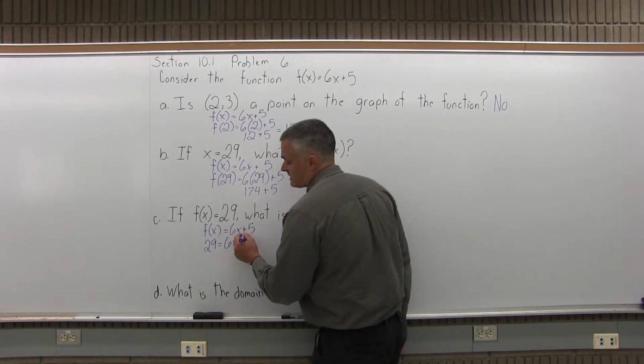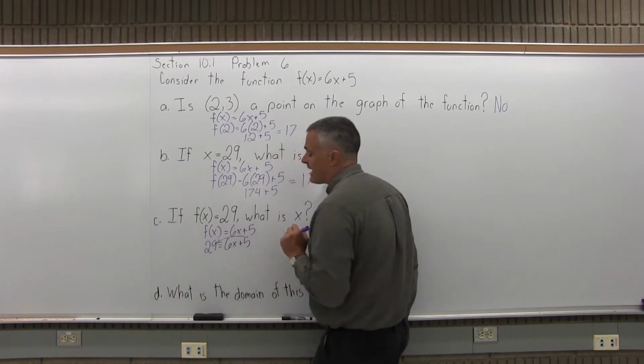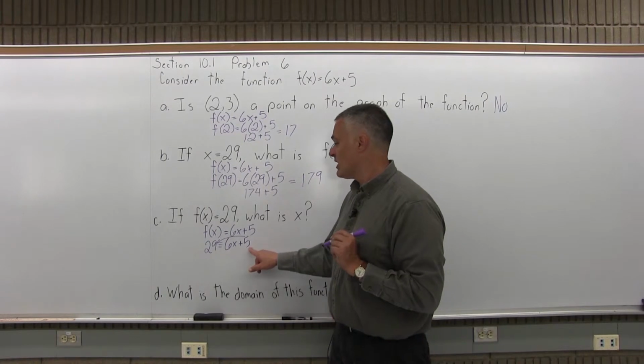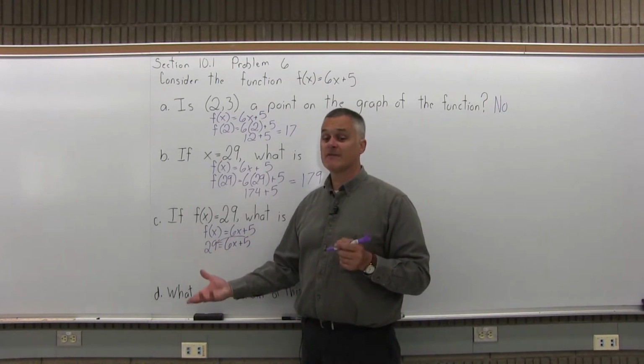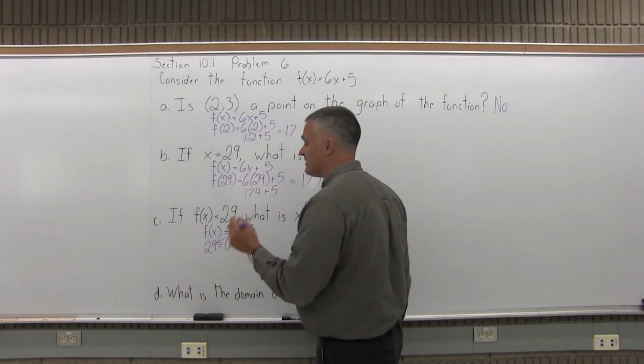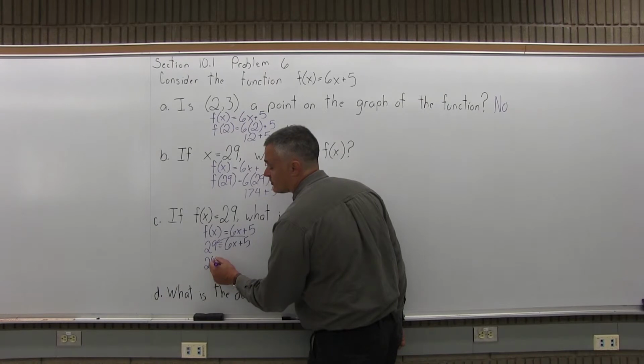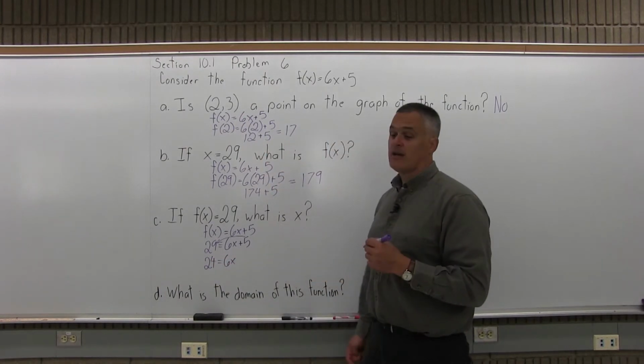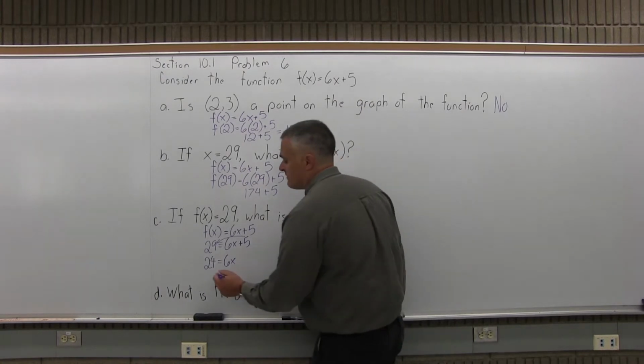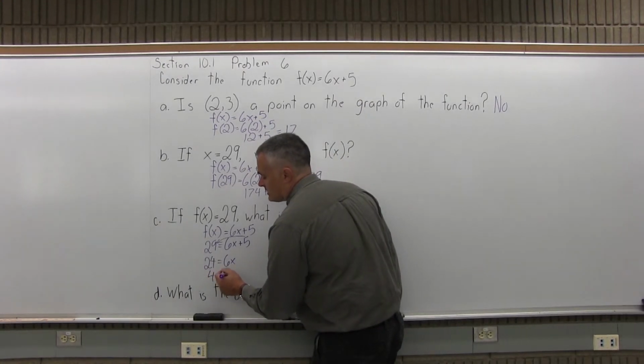What I'm going to do is bring the 5 that I have at the end of the right side of the equation over to the left side. It'll become a negative 5. Combine it with the positive 29 that's already on the left side of the equation. Positive 29 and negative 5 is going to give me a positive 24, and I'll have 24 equals 6x. Divide both sides by 6, and you'll get 4 equals x.